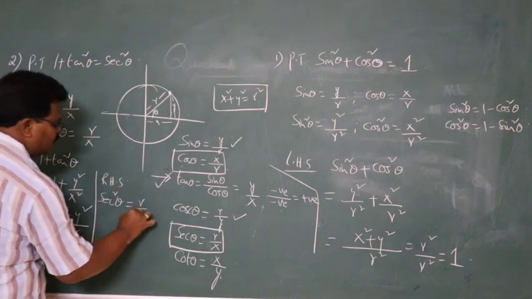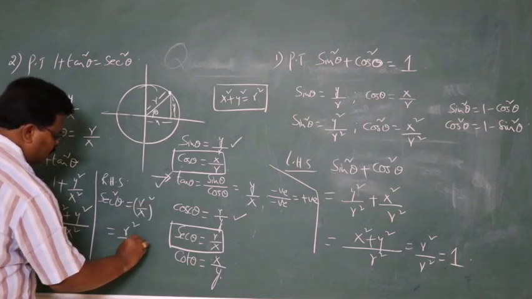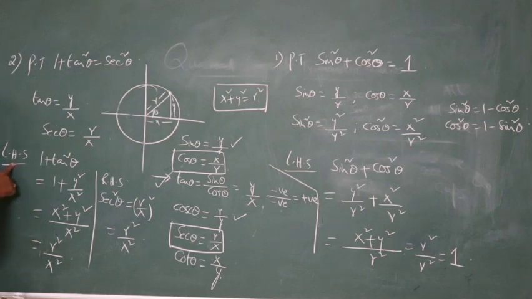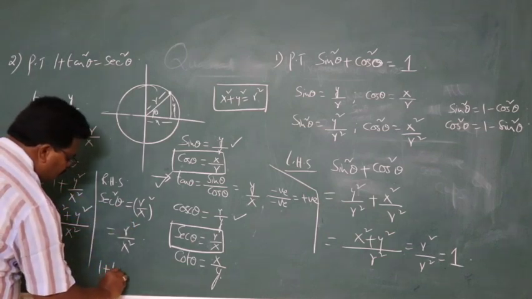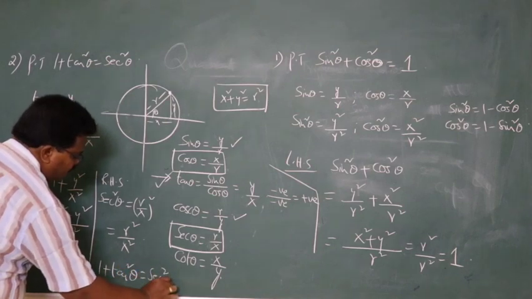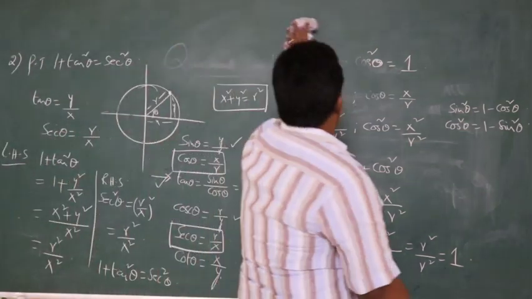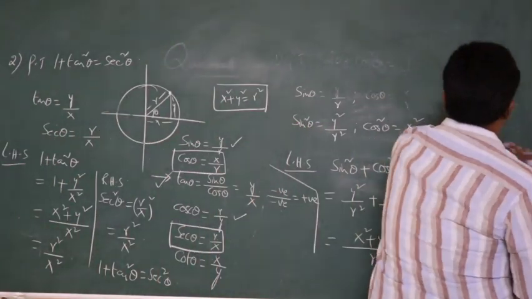R by x. So this is r square by x square. Observe, LHS is equal to RHS. Therefore 1 plus tan square theta equal to secant square theta.